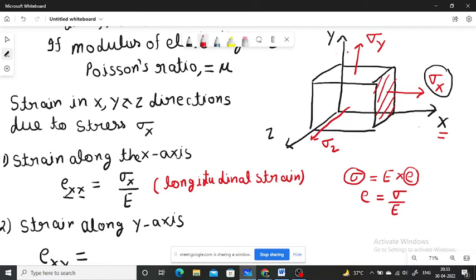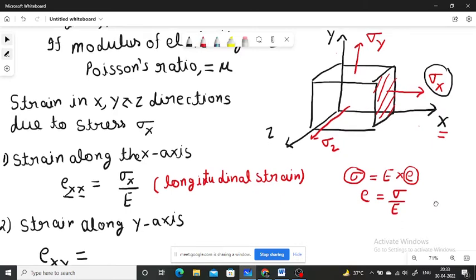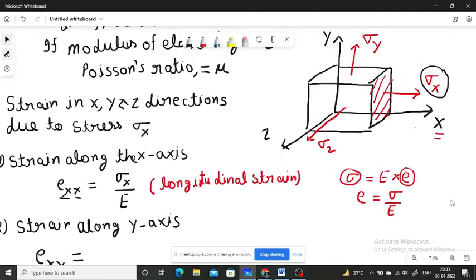So the strain perpendicular to the direction of the stress will be the lateral strain. So the strain due to the stress sigma x in the direction of y axis will be the lateral strain. Similarly, the strain in z direction due to the stress sigma x will also be a lateral strain.